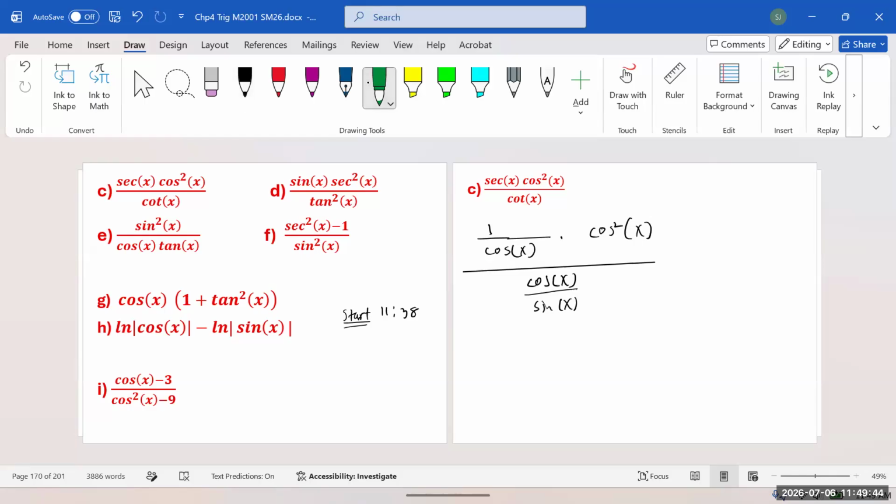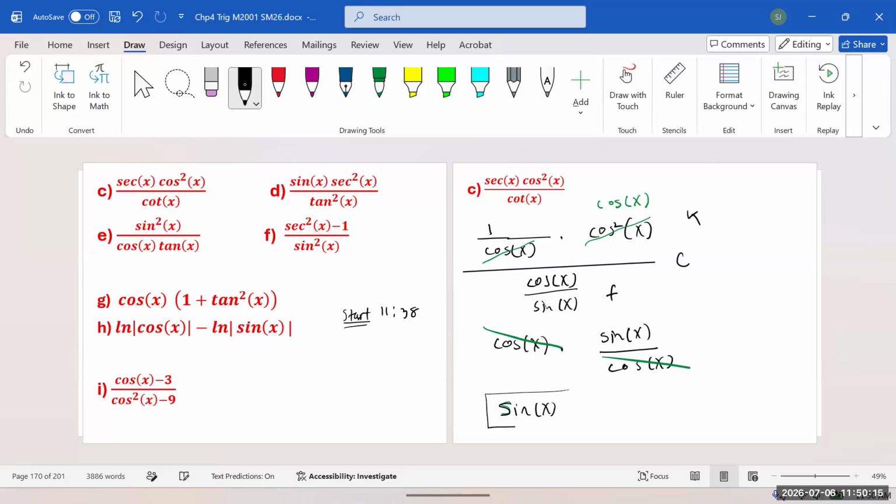So cosine cancels with cosine squared. We are left with cosine x in the numerator. We do keep, change, flip. The denominator becomes sine x divided by cosine x. And then what happens? Cosine cancels out. Our answer is only sine of x.